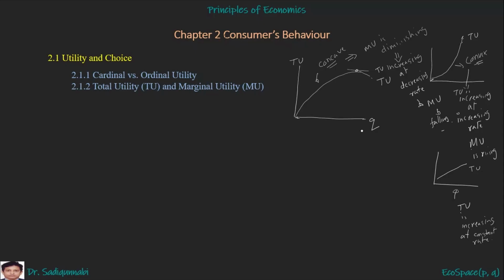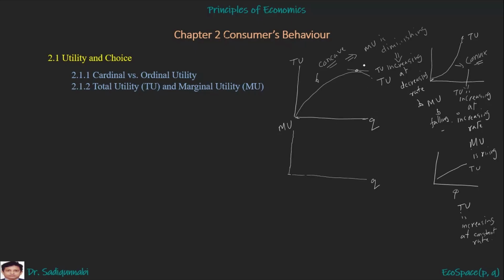All right. So how can we draw marginal utility from this graph? It is very simple. We take marginal utility on one axis and Q, the consumption of good X, on the other.